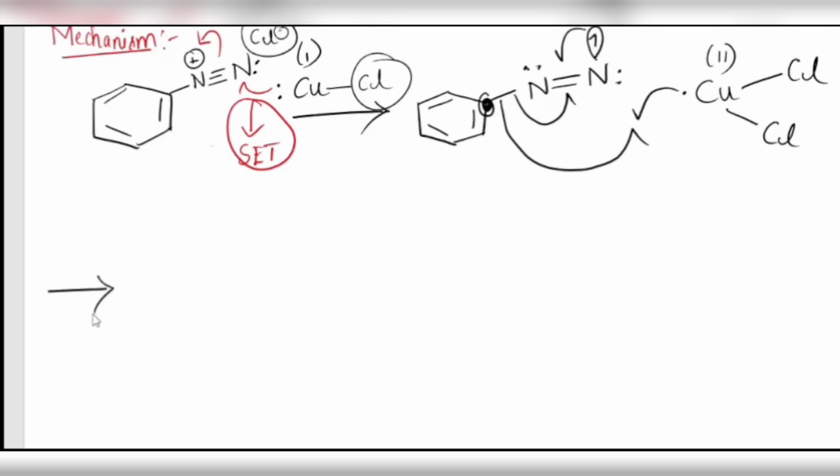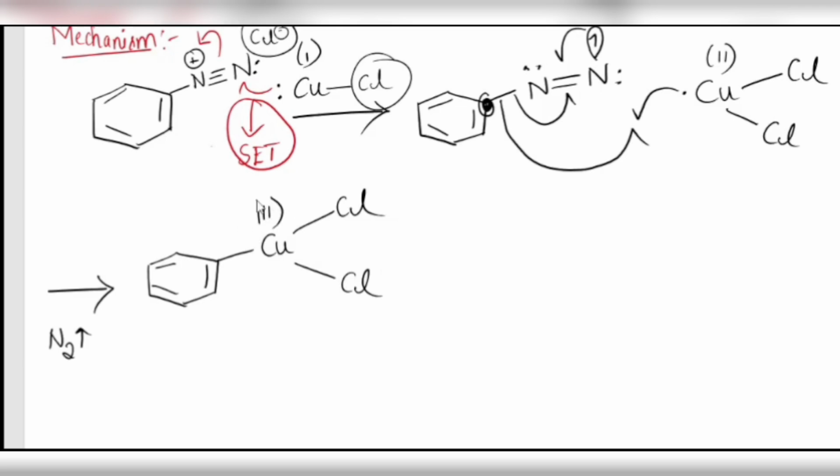In the next step nitrogen gas will be leaving, and the actual product is, here benzene ring is there as it is, and here we will be ending up with copper, and here chlorine, and chlorine is there as it is, and here +3 state, correct.